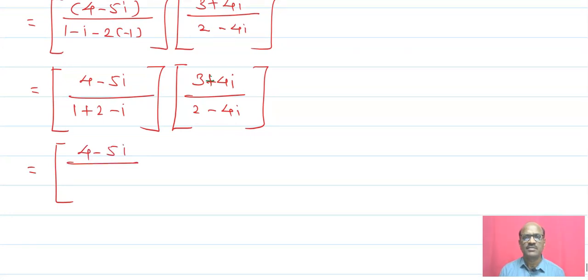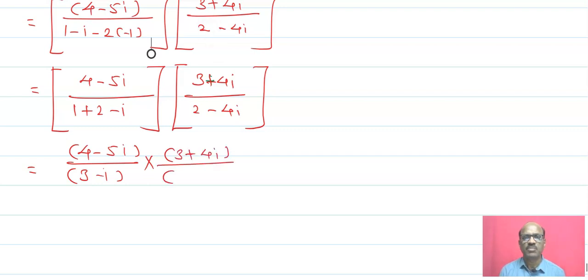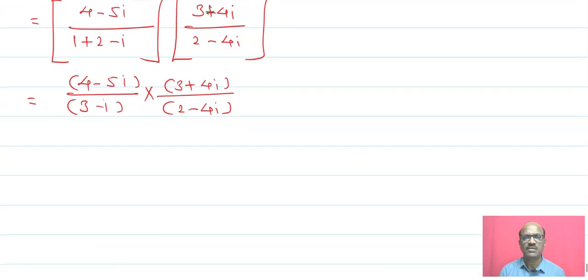And therefore the multiplication of these two terms, that is 3 plus 4i upon 2 minus 4i, that is equal to 12.